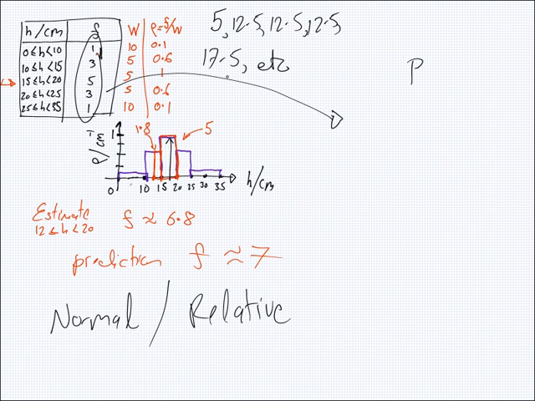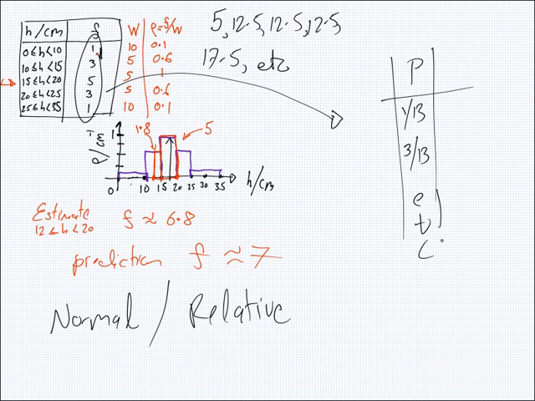So what you do is you replace your F with a P, and all these numbers you divide by 13. So the first one would be 1 over 13, and then 3 over 13, etc. And then after that, everything is the same.